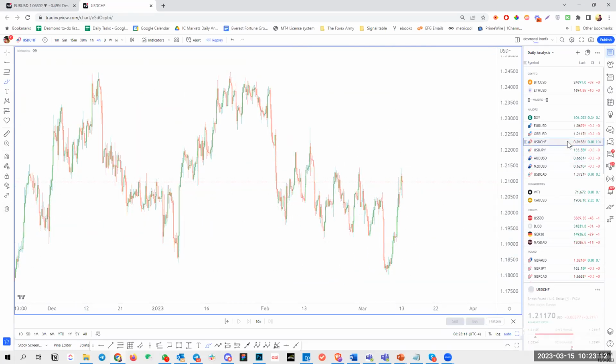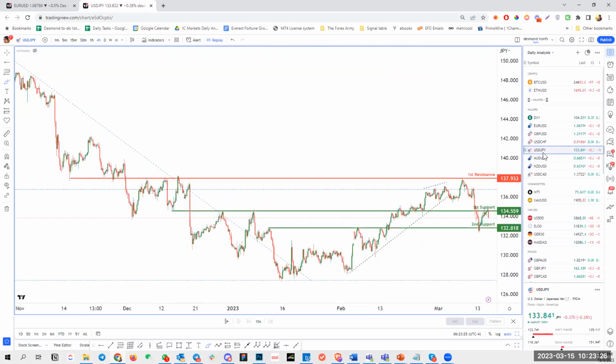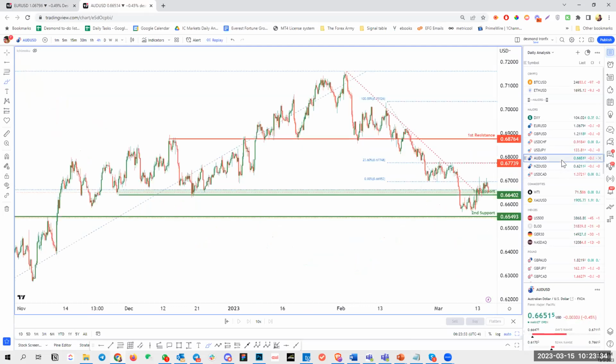Let's try to see if I can find any over here. Let's see. I'm trying to find one with a little bit of a Fibonacci projection too. Let me see if I can find a good example with a Fibonacci projection.